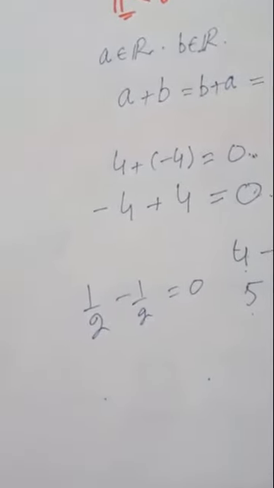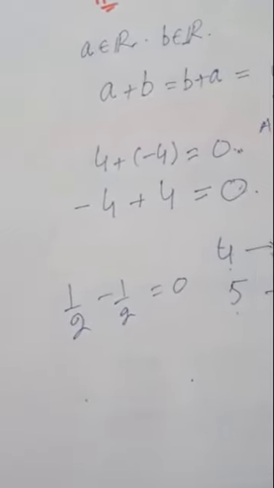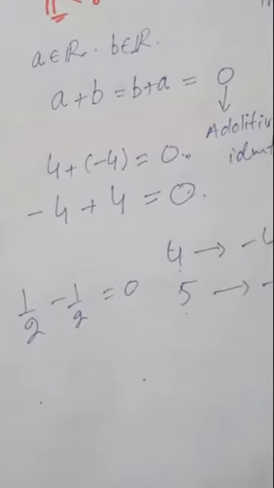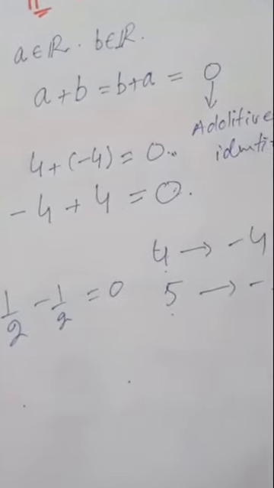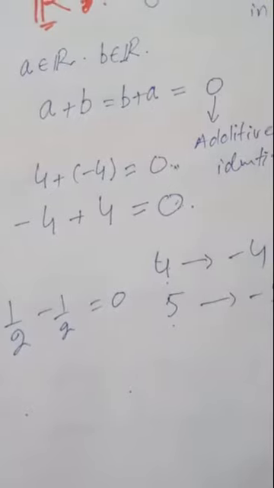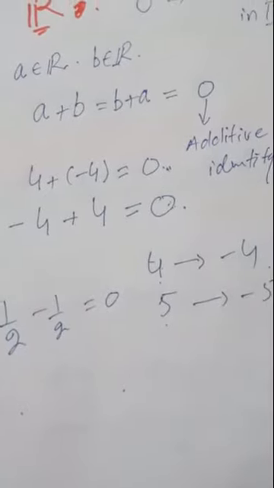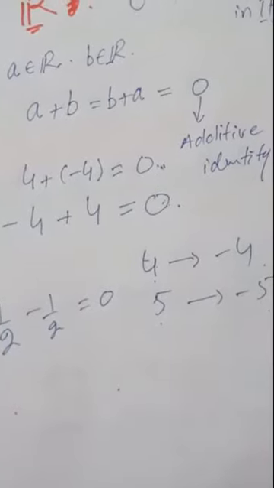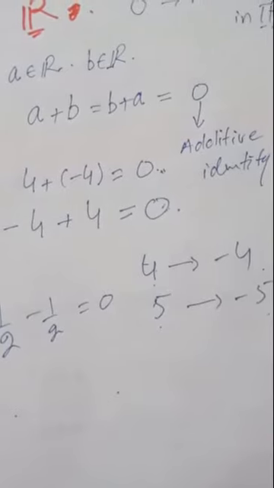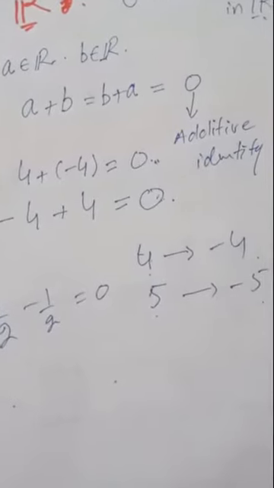This is the definition: when you add those numbers you get the additive identity. So you clearly see that the additive inverse is different for every number. This is for the set of real numbers.